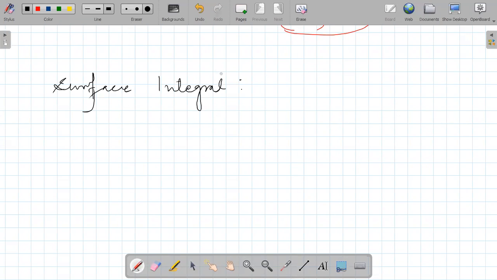Okay, dear student, next I will start surface integral. In the case of surface integral, I will write the first equation.